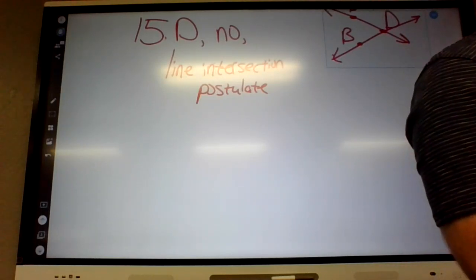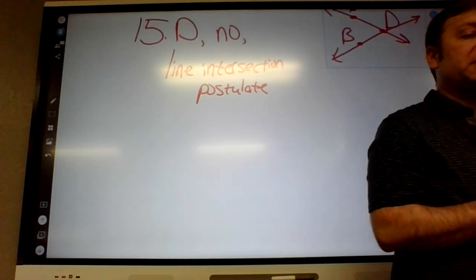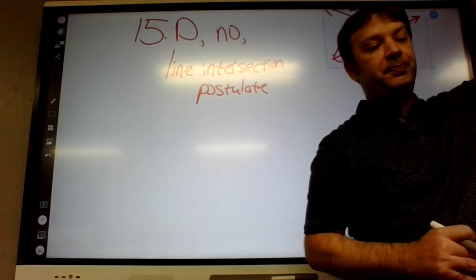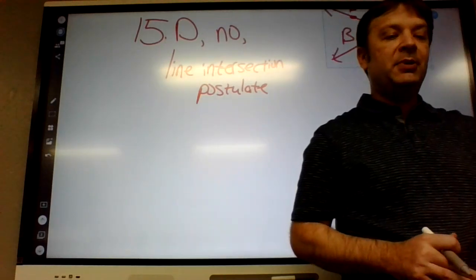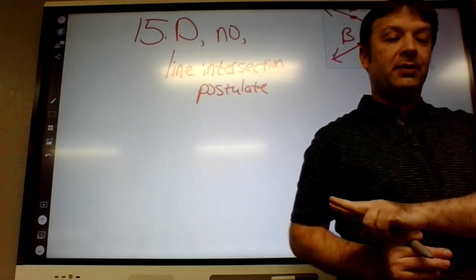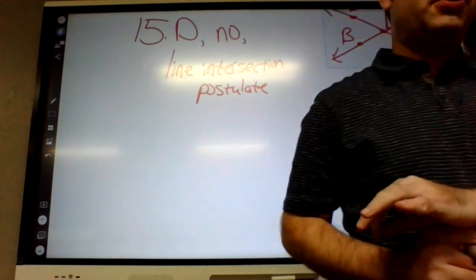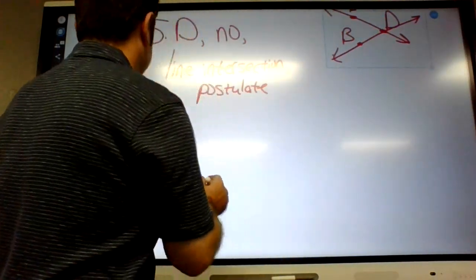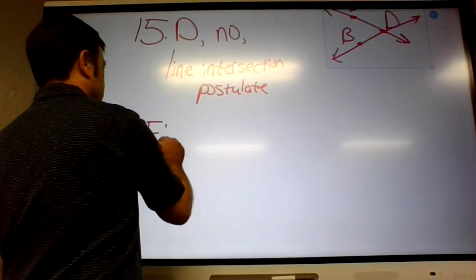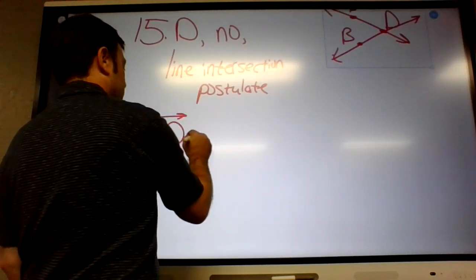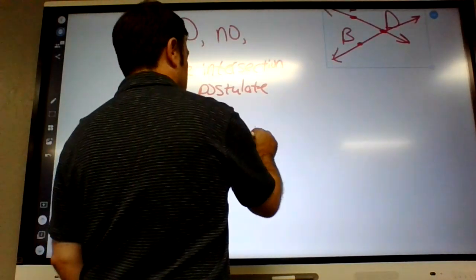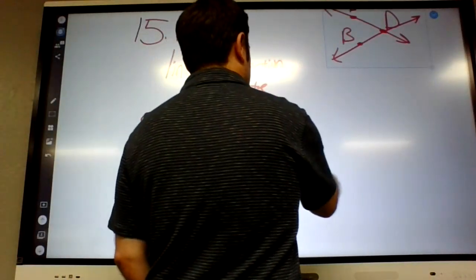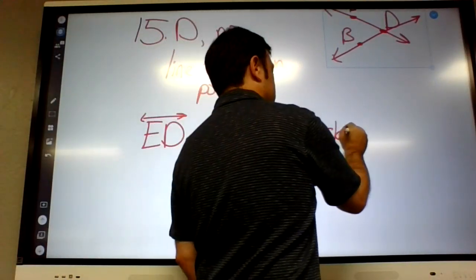ED and what was the other one? AB. Okay, that would be one example, yes. ED is going to go through the plane, from up, down through it. And AB is on the plane. So they're not parallel. But are they ever going to intersect? No. So ED and AB are skew.